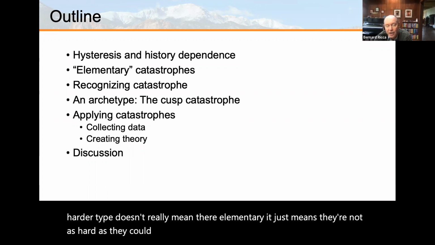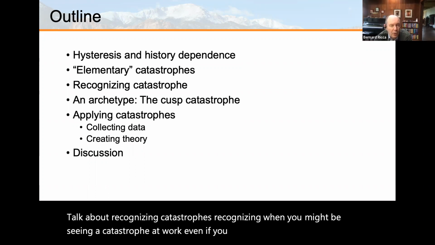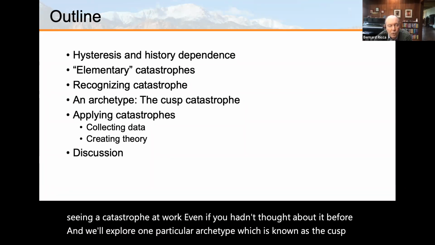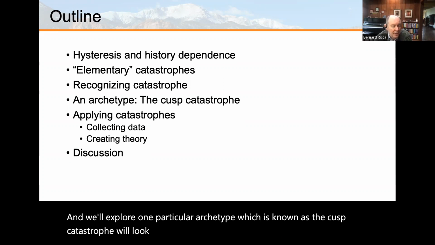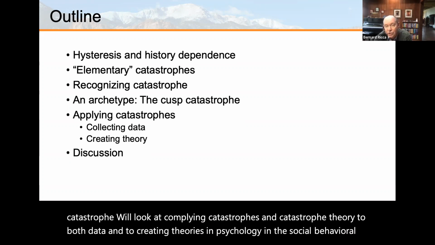We'll talk about recognizing when you might be seeing a catastrophe at work, even if you hadn't thought about it before. And we'll explore one particular archetype, known as the Cusp catastrophe. We'll look at applying catastrophe theory to both data and to creating theories in psychology and the social behavioral sciences. And we'll have a discussion at the end.